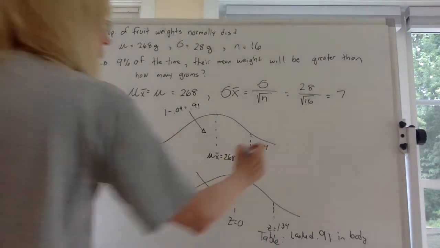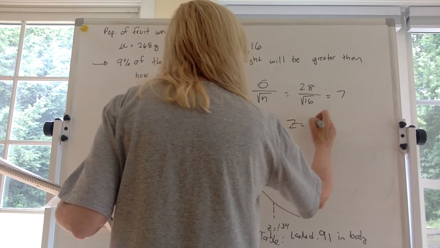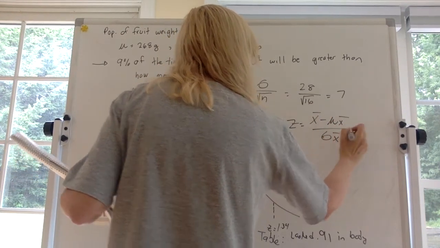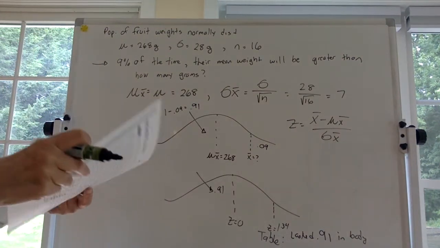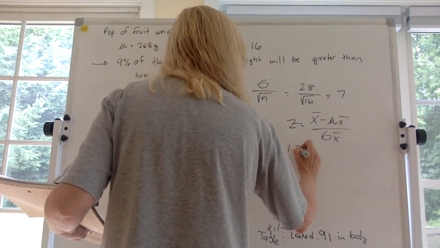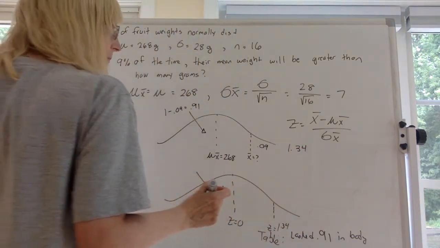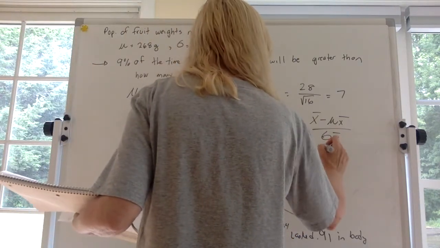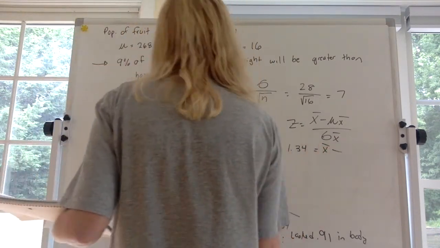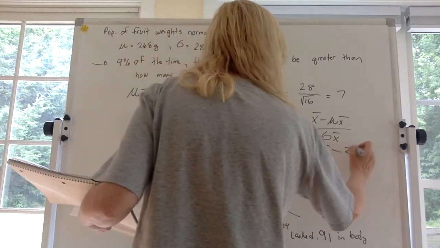So our formula for converting is the z formula. We know the z. That's what we looked up in the chart, 1.34. We don't know what that x bar is. That's what we're trying to find. We know the mu x bar is 268.